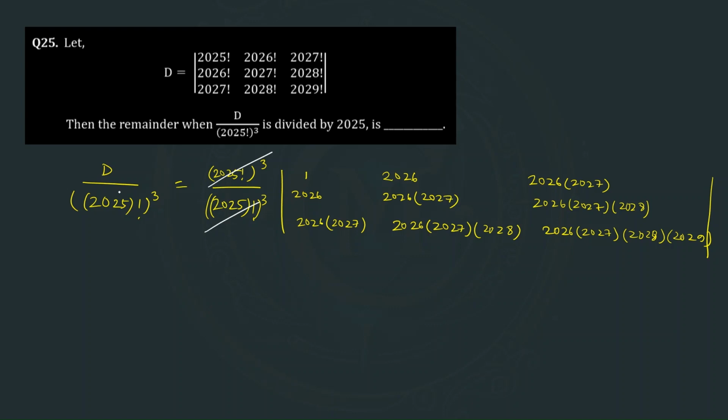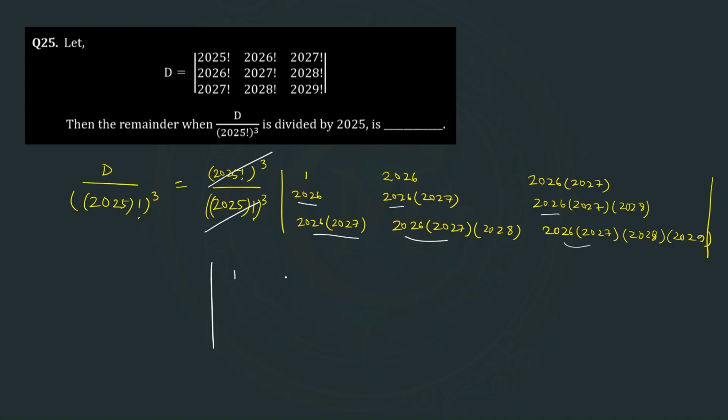So we get this quantity as equal to, now from here we can also take out 2026 from the second row, and also 2026 times 2027, these two quantities from the third row.